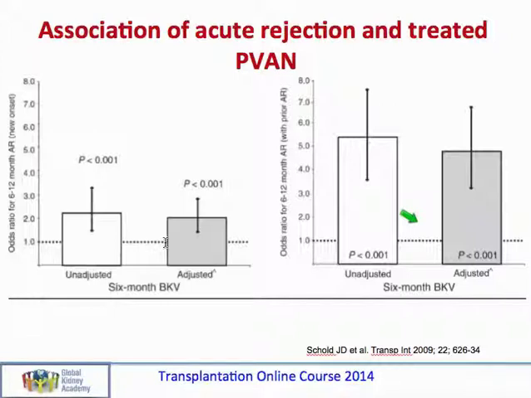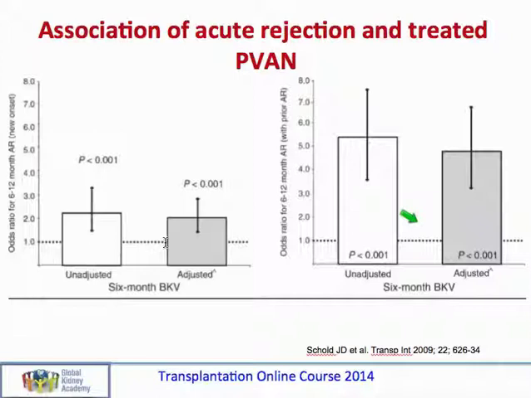This study collected data from the National Scientific Registry of Renal Transplants to look at the risk factors for graft failure in patients with BK nephropathy, and looked at their associations with acute rejection.